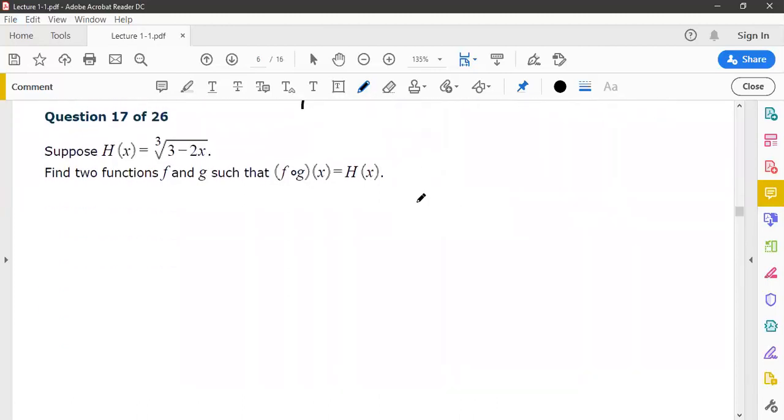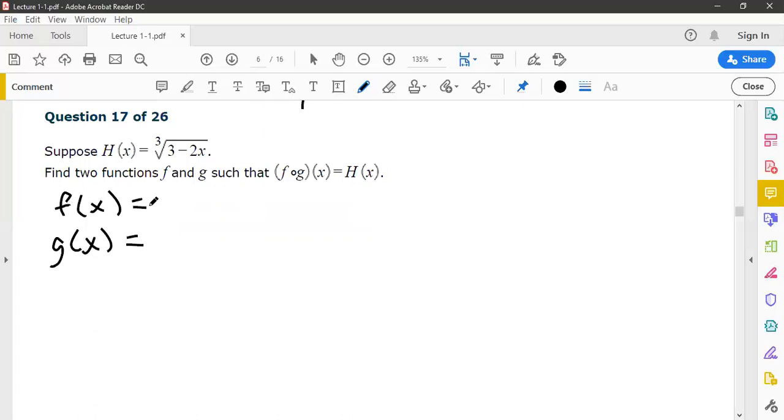The next problem says we have h of x equals the cube root of 3 minus 2x. Find two functions f and g such that f of g of x equals that answer. So it means, what would those two functions have been in order to give us that particular answer?